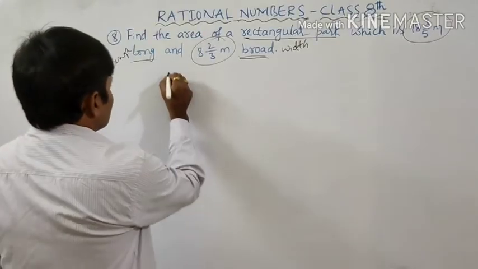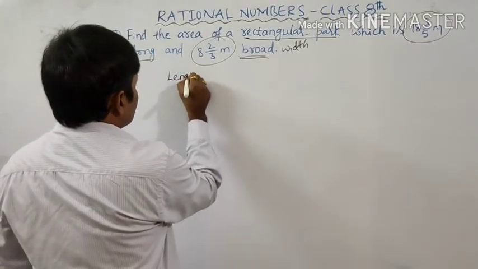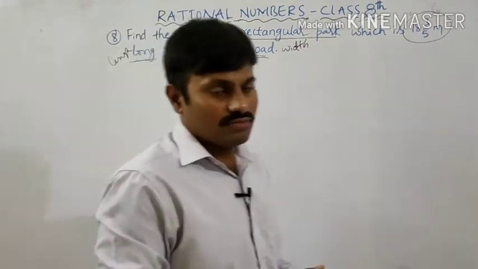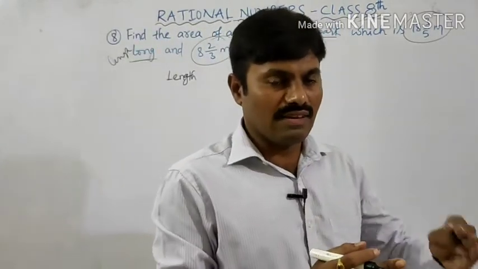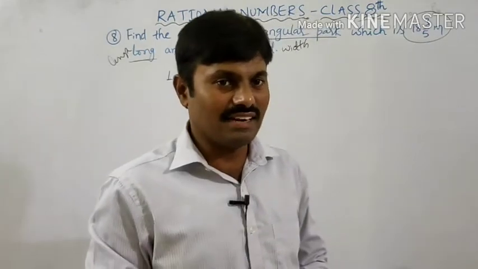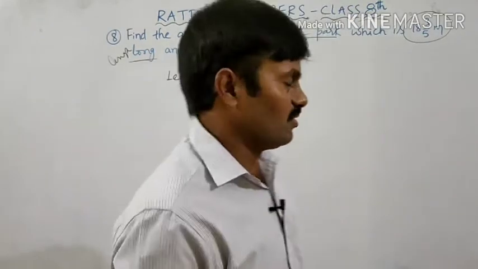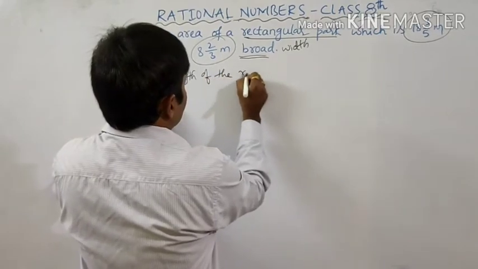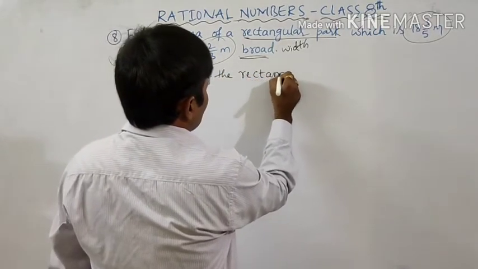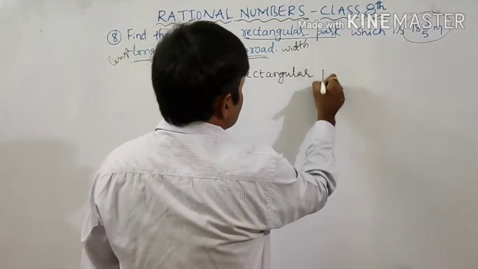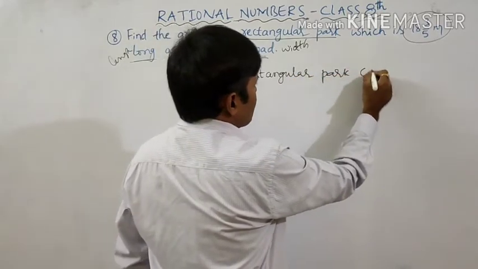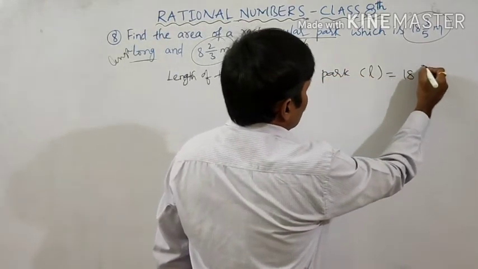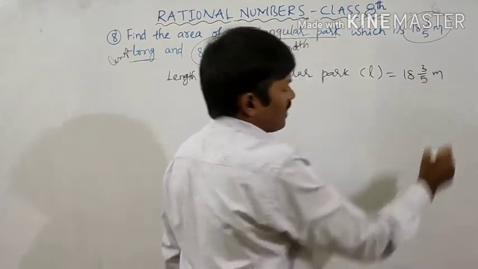Now, you have to write the given particulars. Whenever you solve a problem, you have to decide what is given and what is required, and later do the simplification. So the length of the rectangular park, usually considered as L, is 18 3/5 meters.